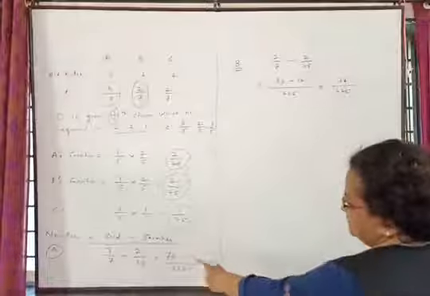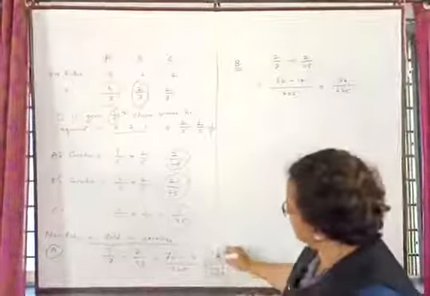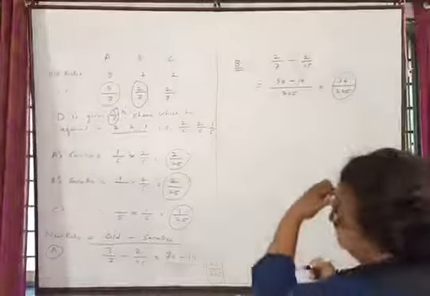So A's new ratio was 61 upon 225 and B's ratio 36 upon 225.